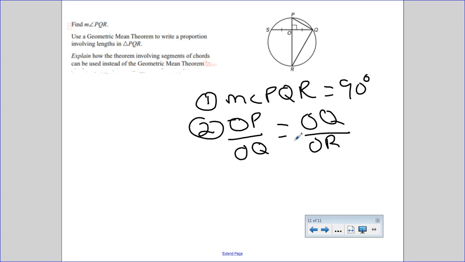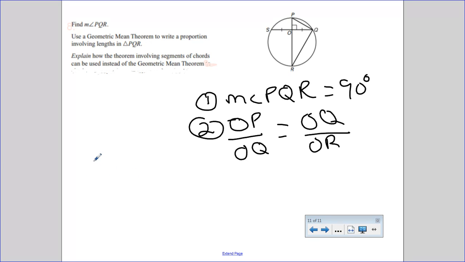All right, so now you remember the geometric mean theorem. Here's our proportion. And if you look at it, OP, so the short leg to the long one of this little triangle, is a proportion with this triangle short to the long, OQ to OR.